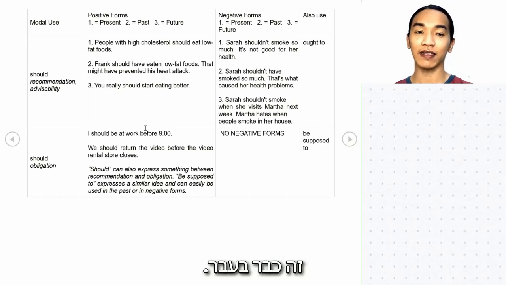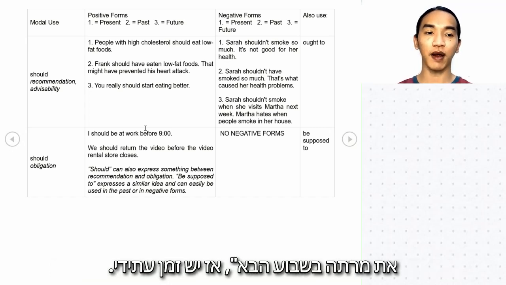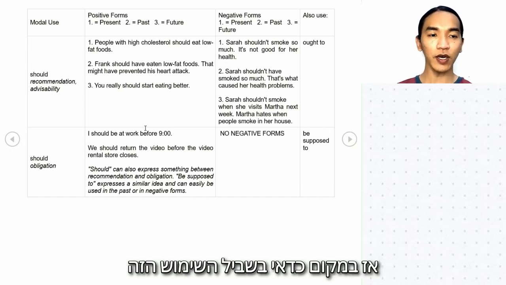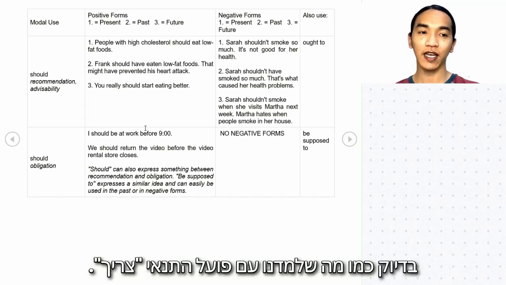It's already in the past. Next, number three, Sarah shouldn't smoke when she visits Martha next week. So there is a future time. Martha hates when people smoke in her house. So, in replacement of should for this usage, you can also use ought to. Okay, just like what we studied with the modal verb ought to.